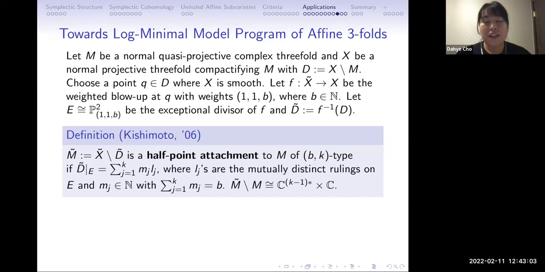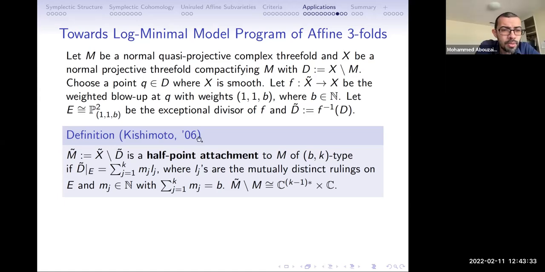It is like a Kalima modification, but with some weights. So half point attachment is like a weighted blow up, a (1,1,b) blow up, and then we delete the proper transform, speaking very simply. So using the same idea.